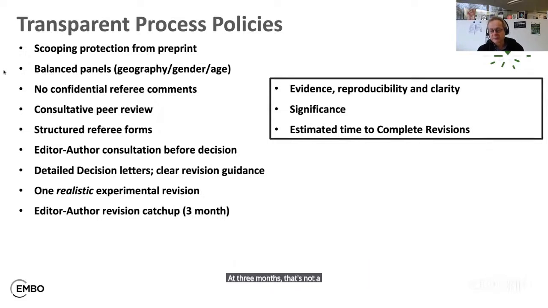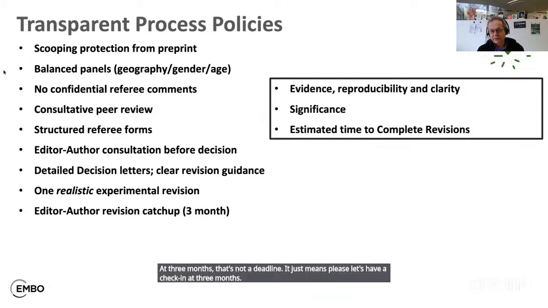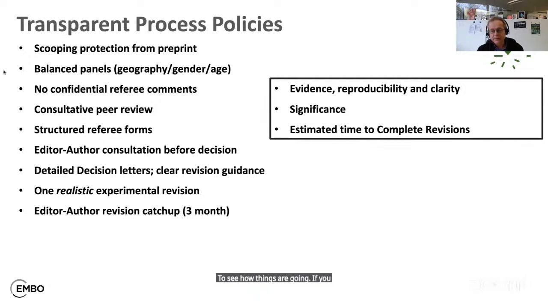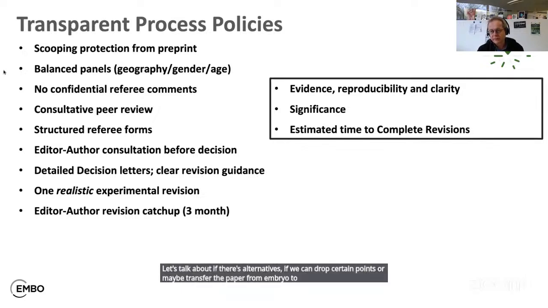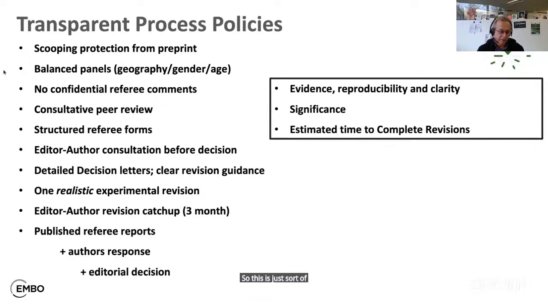It just means, please, let's have a check-in at 3 months to see how things are going. If you're stuck on certain experiments, let's talk about if there's alternatives, if we can drop certain points, or maybe transfer the paper from EMBO Journal to EMBO Reports, for example, if you get stuck on certain issues. So this is just a much more consultative and two-way process overall.